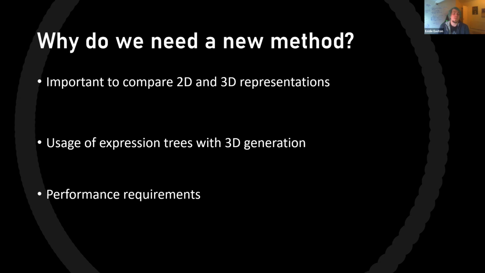A lot of existing systems which work with expression trees work directly with the pixels or the voxels of a 2D or 3D item, and this places very high performance requirements on them and makes them less suitable for environments such as virtual, augmented reality, or online systems. One thing we wanted to achieve was the ability to create large-scale sculptures and high-resolution images within this process as well.